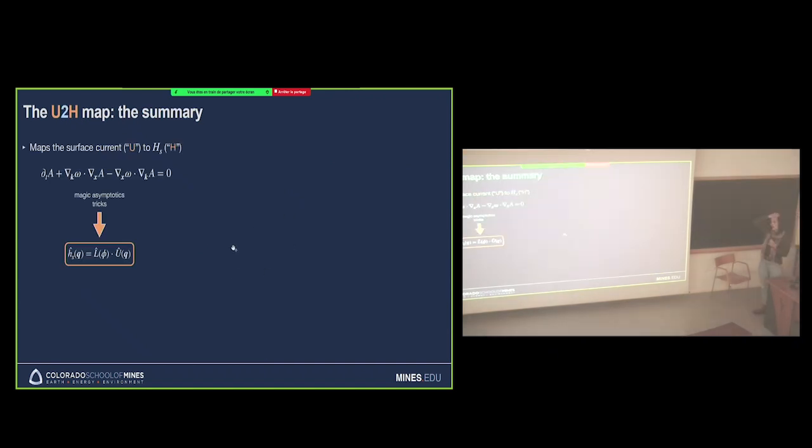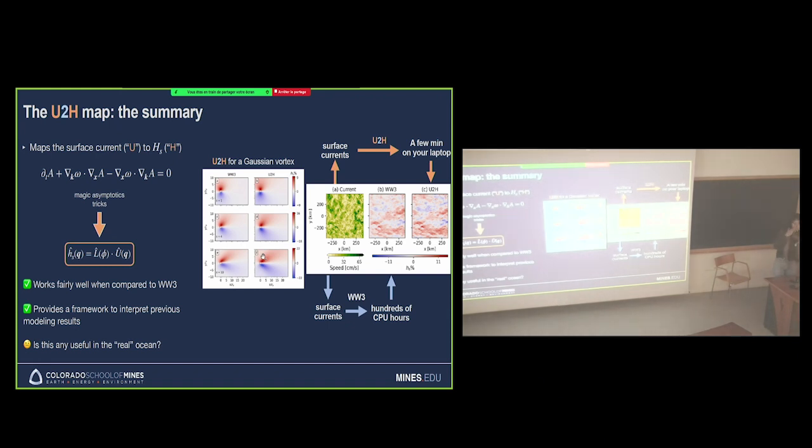Okay, so just to wrap up U2H, we started off with the action equation. We apply some magic asymptotic tricks. We find a linear map that takes you from currents to significant wave height. It works fairly well in comparison to WaveWatch for these cases where we have no source terms, okay? And you see that it works well if you have turbulence.